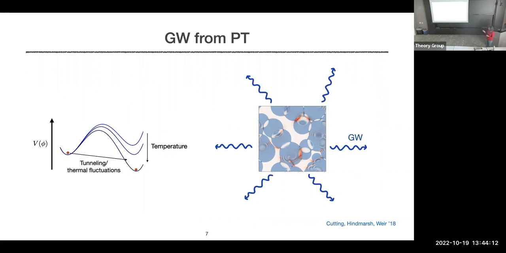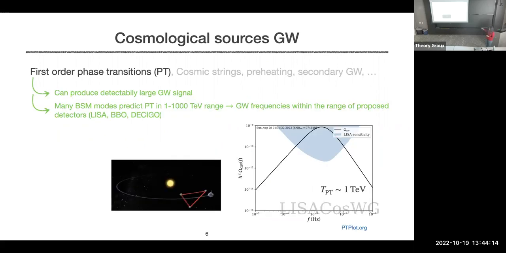So this peak and the exact shape at the peak does depend on this beta parameter. They must be assuming something about beta. Here I have assumed, there's this nice tool, PT plot, where you can actually just give your parameters and get a frequency curve. So it's a beta of 10 here, 10 Hubbles at the time of phase transition.